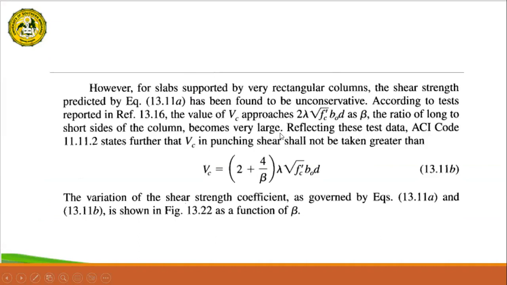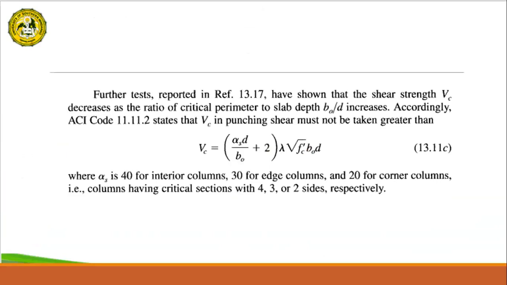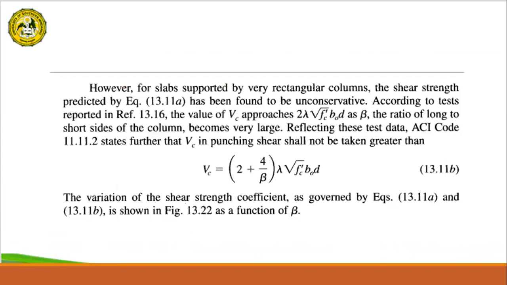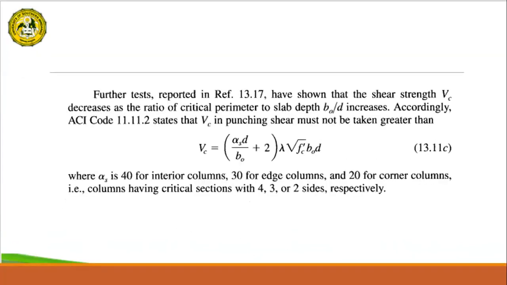So reflecting this test data, the ACI code states further that Vc in punching shear shall not be taken greater than equation 13.11b. And the variation of the shear strength coefficient as governed by equations a and b is shown also in figure 13.22 as a function of beta. So tingnan nyo na lang doon sa reference yung figure 13.22.